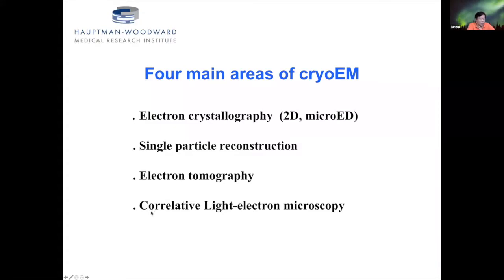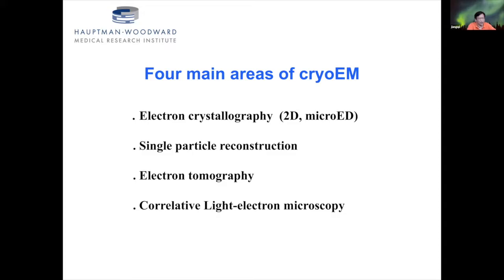The last area is called correlative light and electron microscopy, which is the method to bridge the resolution gap between light microscopy, which is about 100 to 200 nanometers, and electron microscopy, which is better than 10 angstroms. So there is a gap between 100 nanometers and 10 angstroms, which is 1 nanometer. Using this method, you can make correlation between light microscopic images and electron microscopic images.